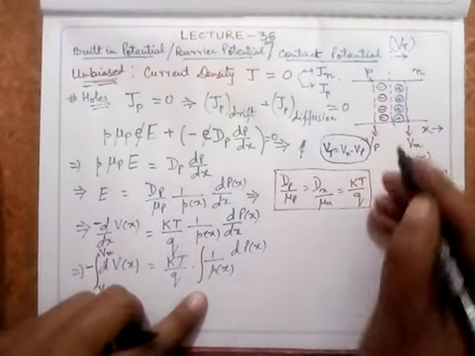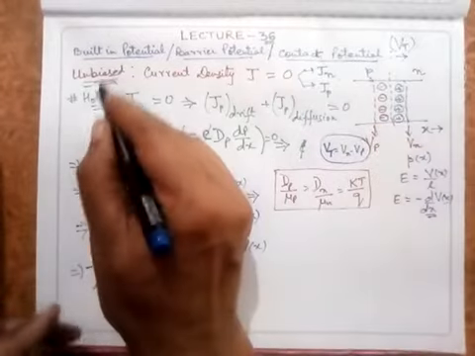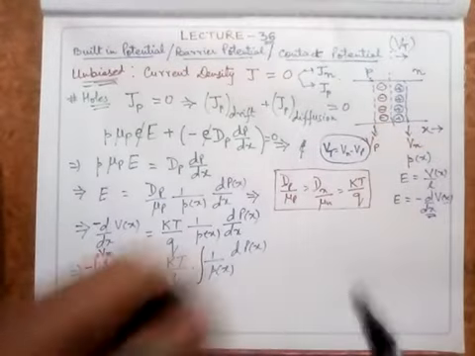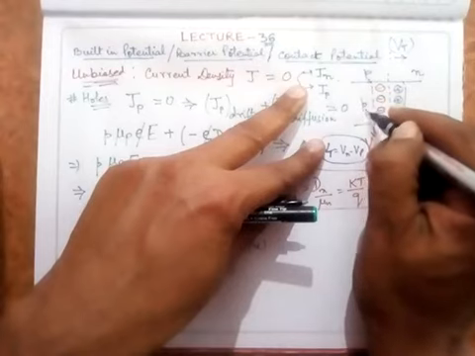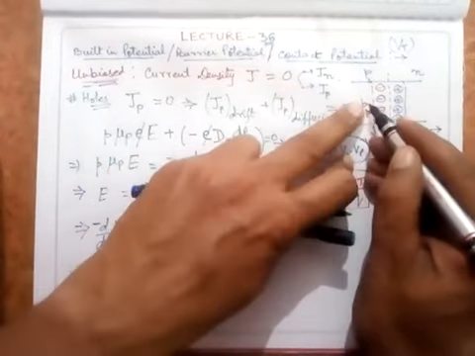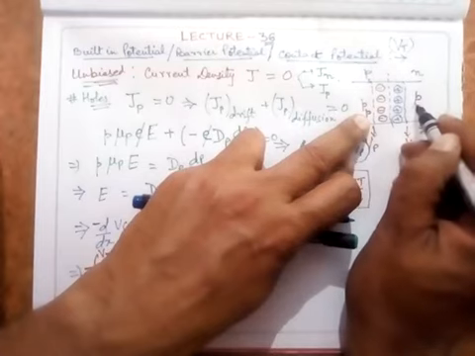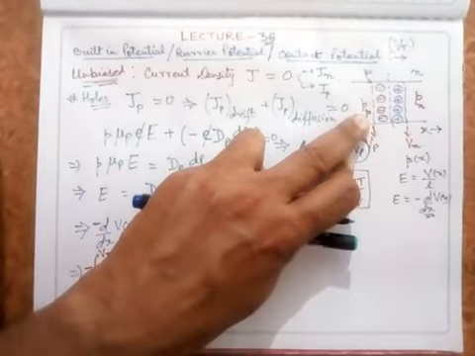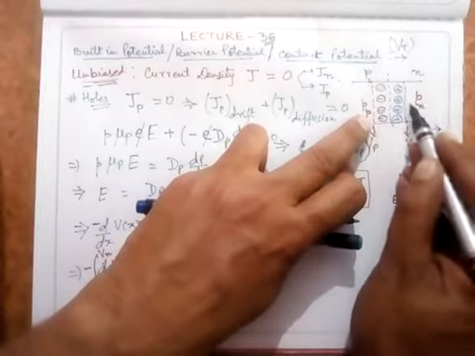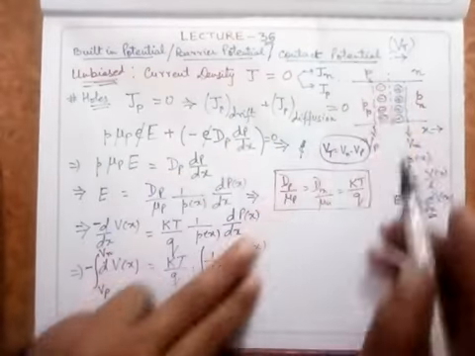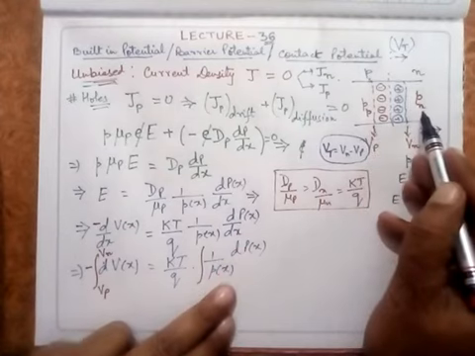And look at this. Suppose I am talking about holes. The holes in the P region I represent by p of p, meaning holes in the P region, and these are the holes in the N region. P represents holes, and the suffix p or n represents what type of semiconductor it is.